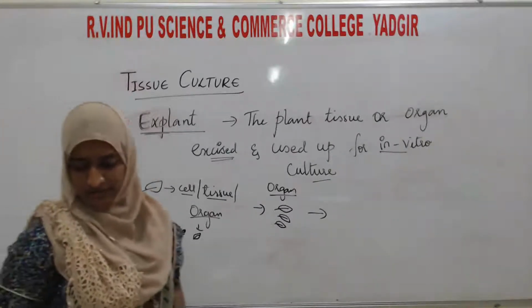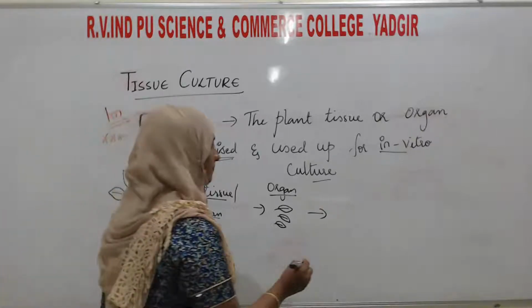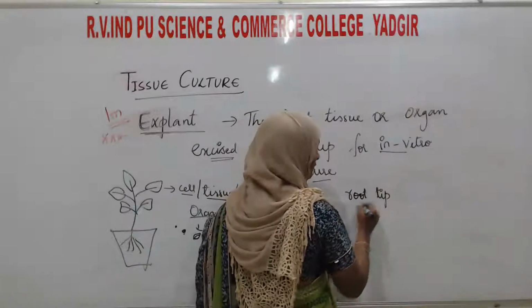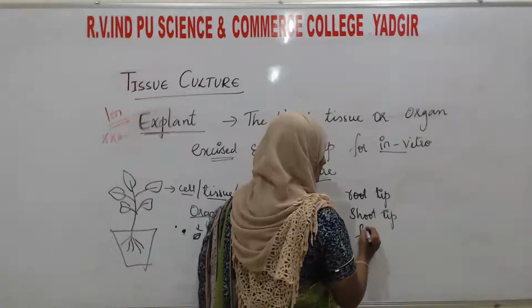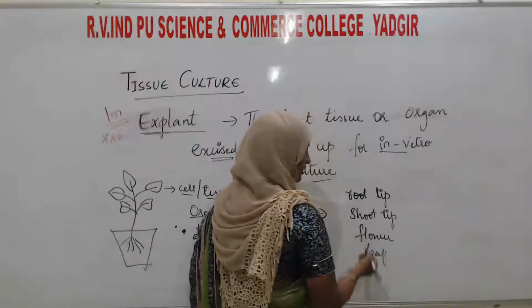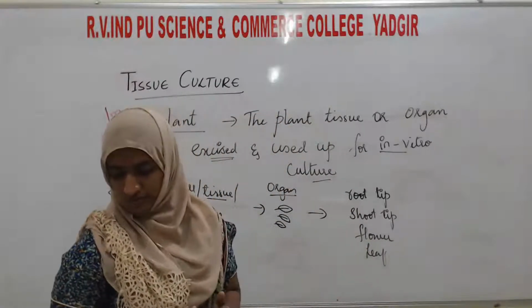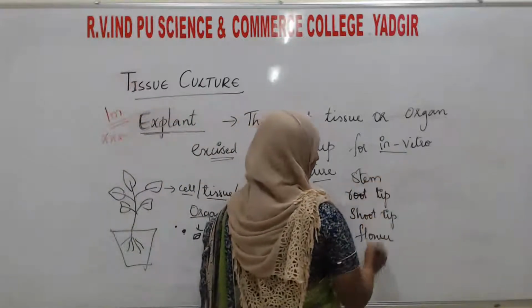Next, whatever the explant, as I told you, it may be the root tip, shoot tip, flower, leaf, any cell you take. So it may be root tip, shoot tip, stem, or embryo.